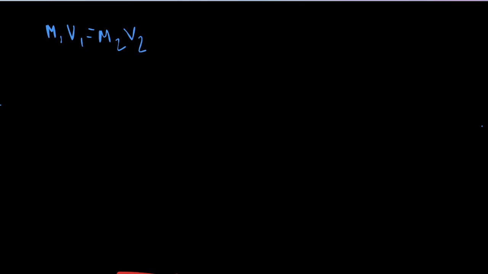So let's keep in mind that our moles before is going to equal our moles after. And when we're saying after and before, we're referring to changing the volume. So by changing the volume of that solution while adding water or removing water, right? In the case of dilution, we're adding, let's say, water. The moles of solute before and moles of solute after are going to be staying the same.